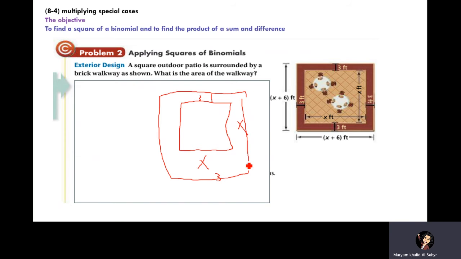How can I get this side and this side, all of them? I will take this x and then add this side and this side to get this one. That's why they wrote here x plus 6, because 3 plus 3 is 6 and this is x. So that's x plus 6, which is the length of this side.